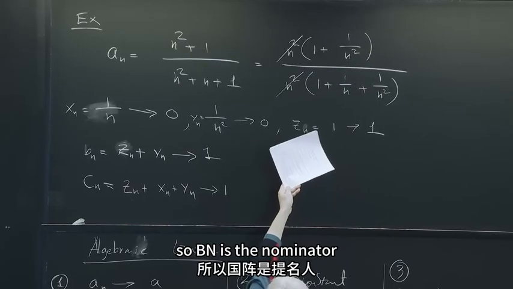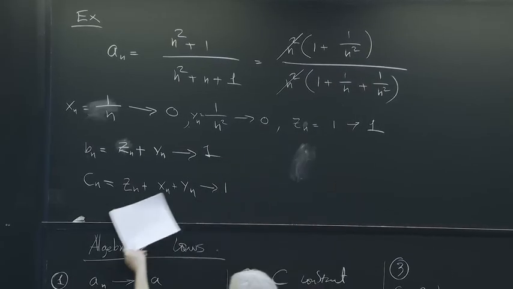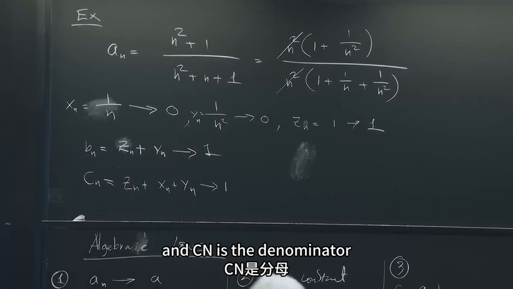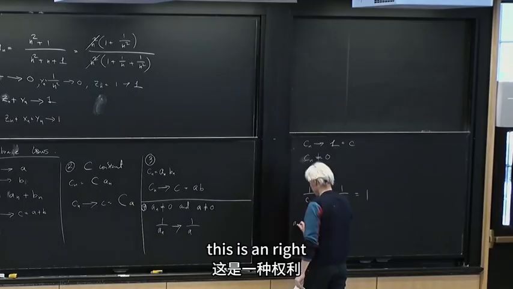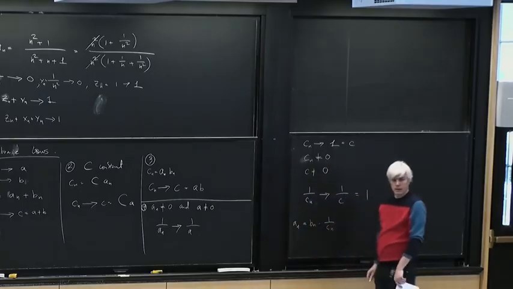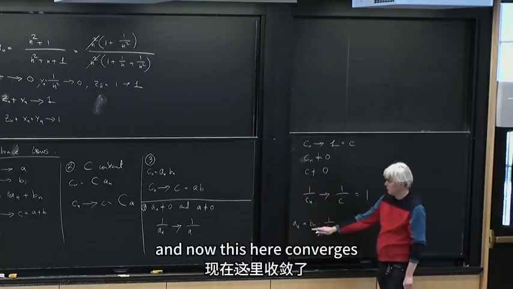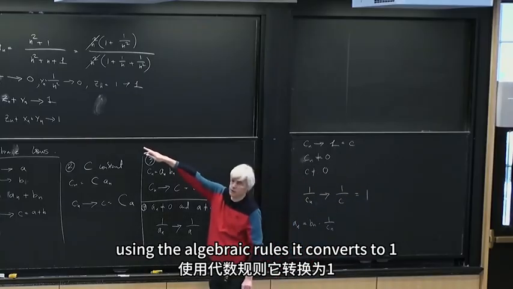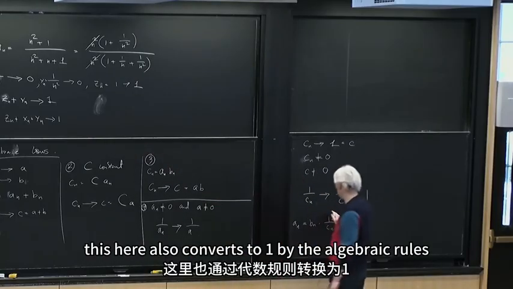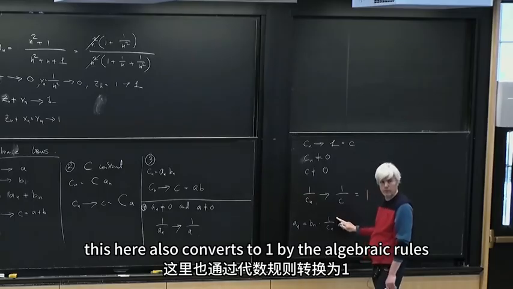So Bn is the numerator, and Cn is the denominator. So Bn divided by Cn is An. And now this converges to 1, as we saw over there using the algebraic rule. This here also converges to 1 by the algebraic rules.